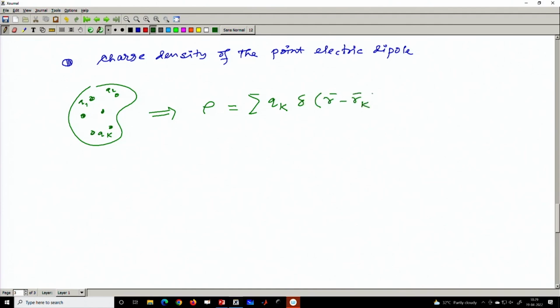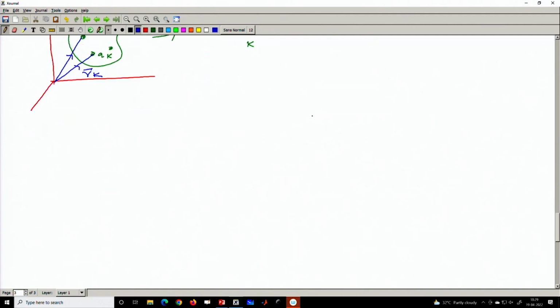That was the charge density for all these discrete charges. And what is r k? R k is their position. So, this is r 1, r 2, r 3 and so on, the locations of these point charges, and I calculate the density and it comes out to be like this. This is the same thing for the dipole.